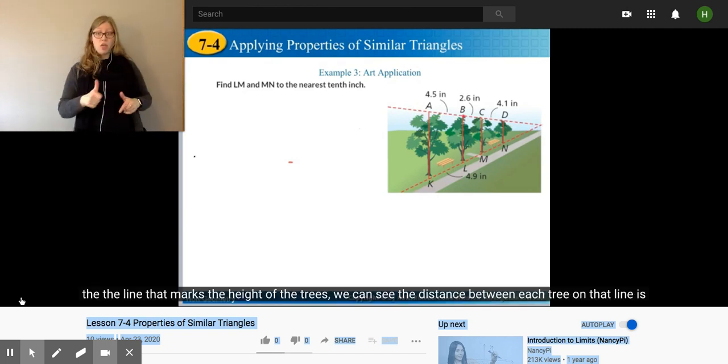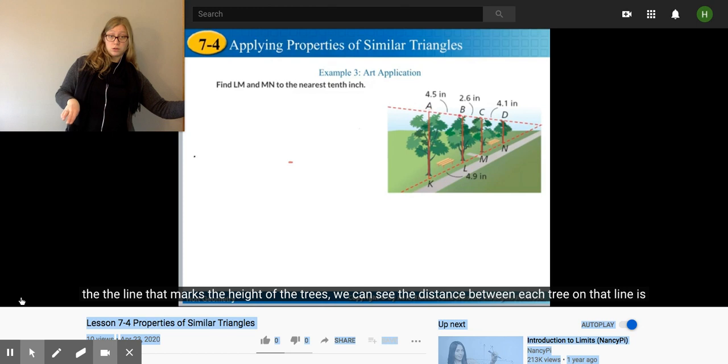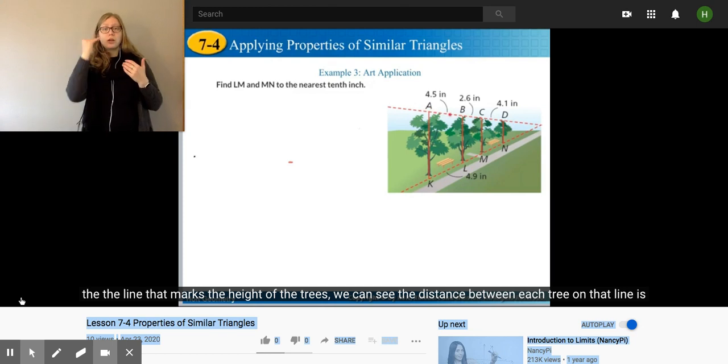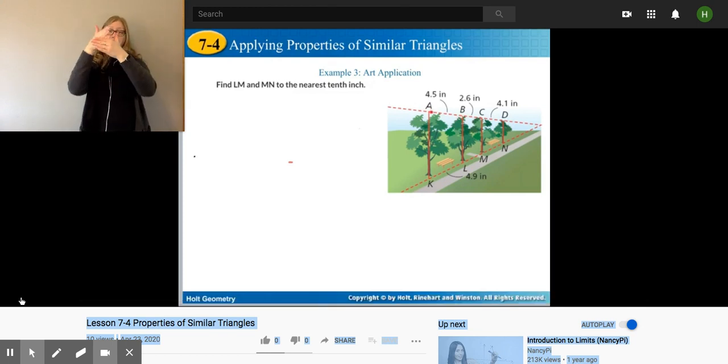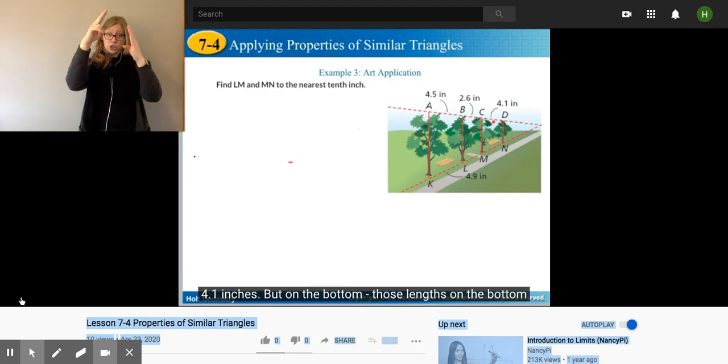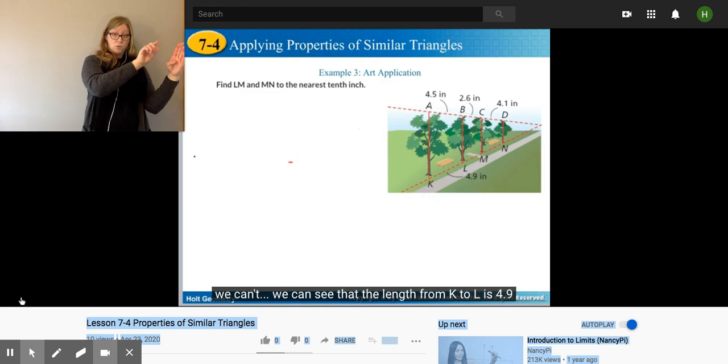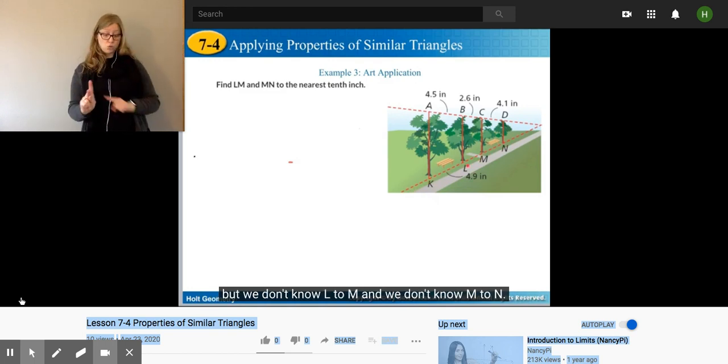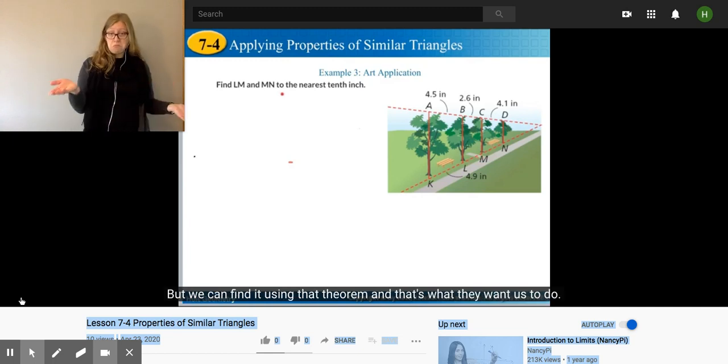So we know the line that marks the height of the trees. We can see the distance between each tree on that line is 4.5 inches, 2.6 inches, 4.1 inches. But on the bottom, we can see that the length from K to L is 4.9, but we don't know L to M, and we don't know M to N. But we can find it using that theorem, and that's what they want us to do.